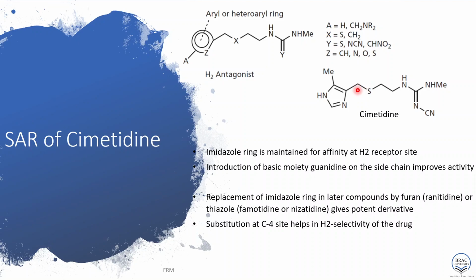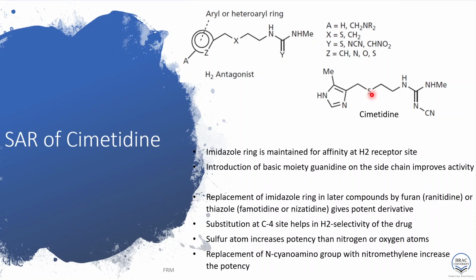This position can be substituted by different molecules, and this will cause more selectivity of the compound. So a sulfur atom here increases the potency compared to nitrogen or oxygen atoms.